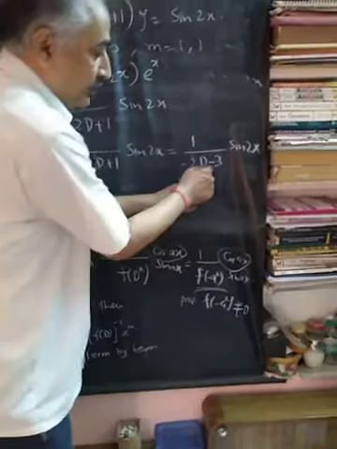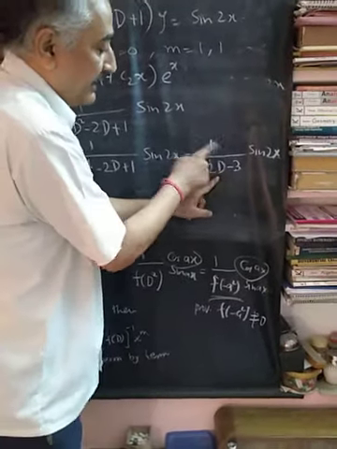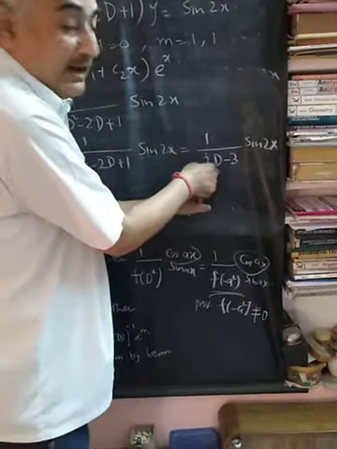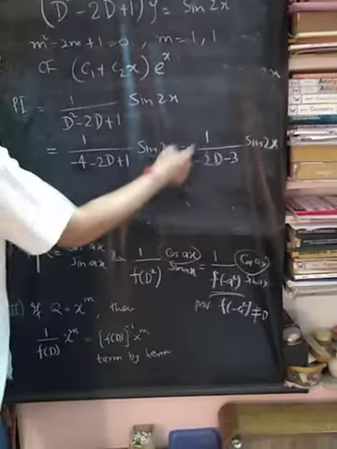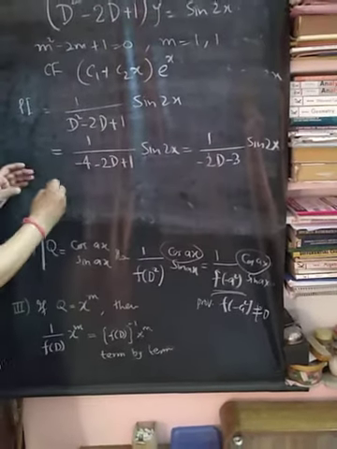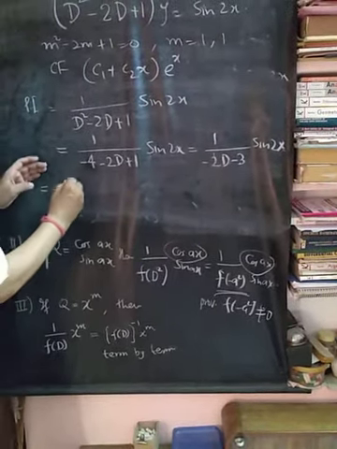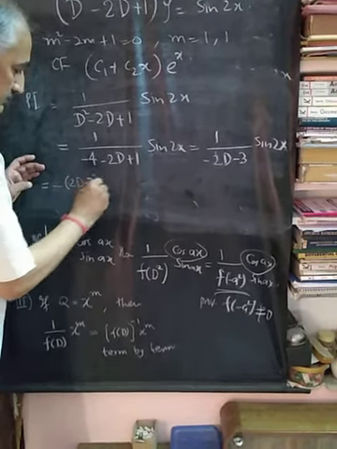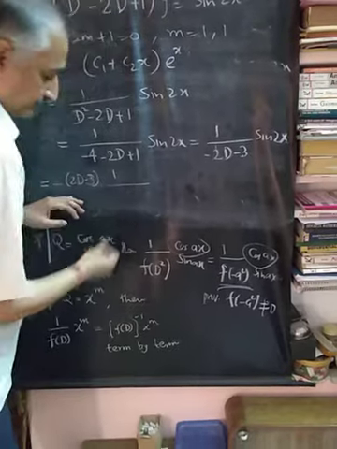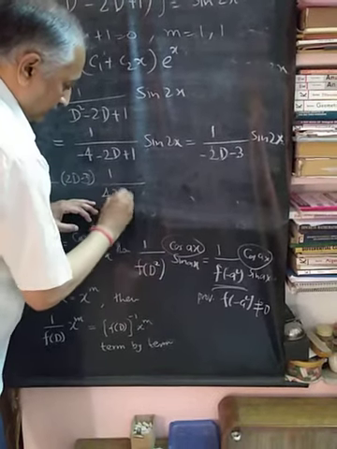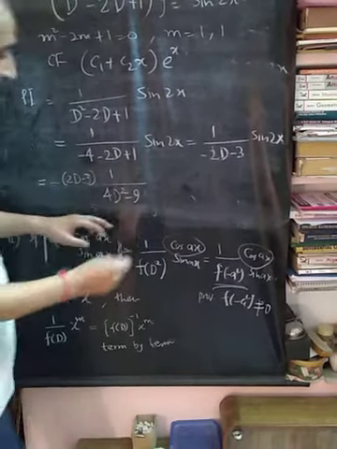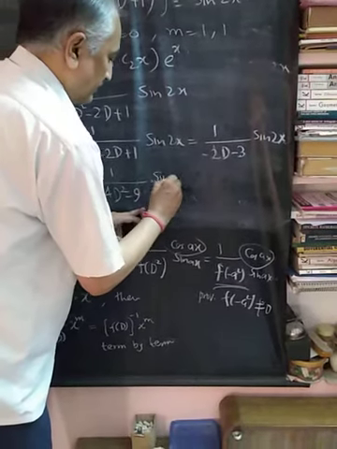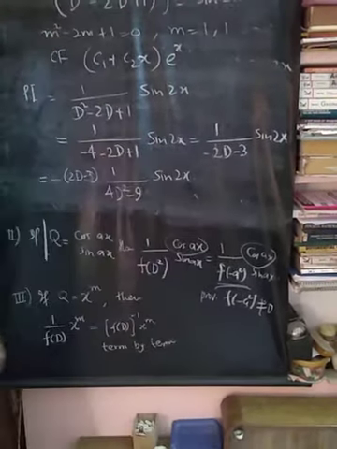Now again I want D squared here, so I will multiply and divide this by 2D minus 3. In fact this is 2D plus 3 with a negative sign. I will have minus (2D minus 3) upon 4D squared minus 9 and sin 2x.